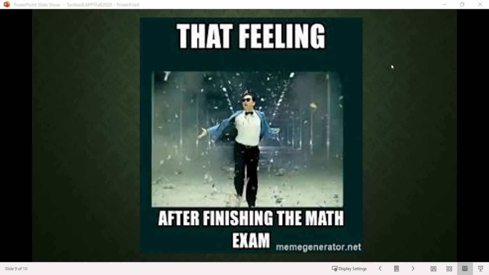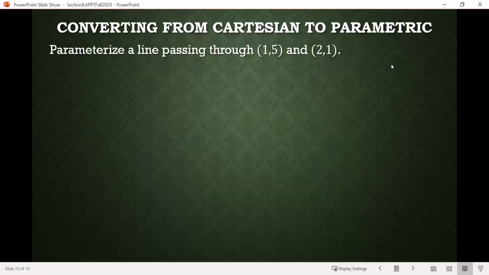Okay. So for our last example, what we're going to do is what's called parameterize a line going through these 2 points. And basically what that means is that we're going to write a parametric equation for the line passing through those 2 points, or a set of parametric equations.